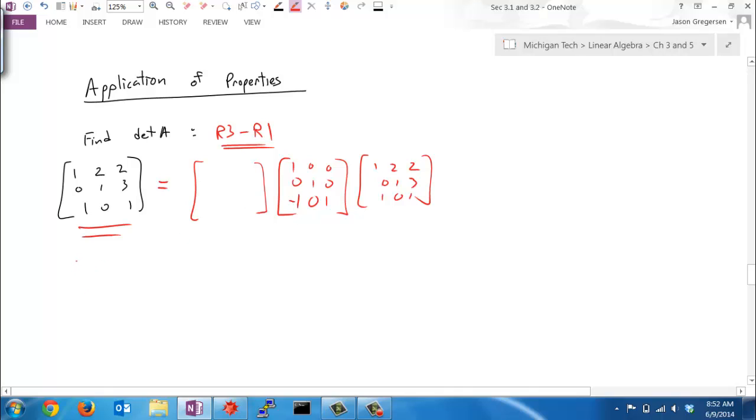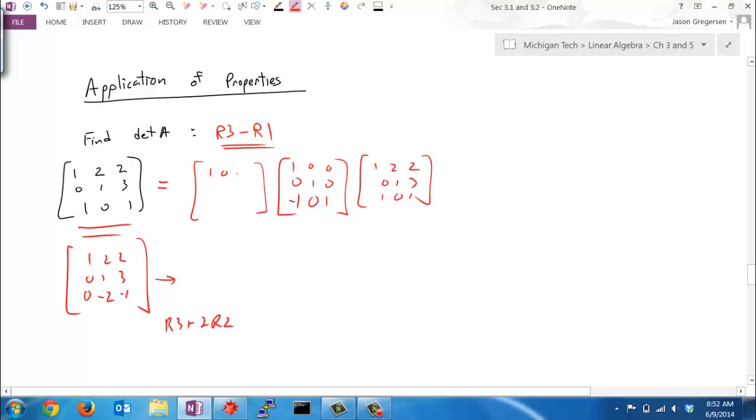So if I did this first one, I would get 0, 1, 3, R3 would be 0, minus 2, and minus 1. This thing. What will be the next operation here? R3 plus 2R2.